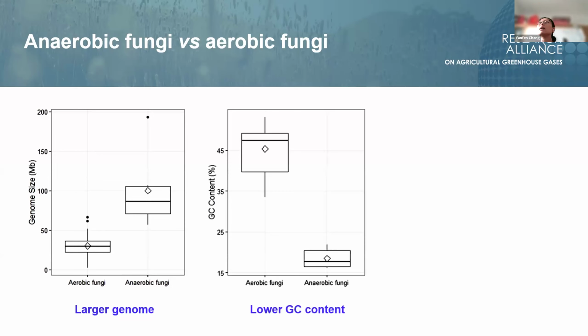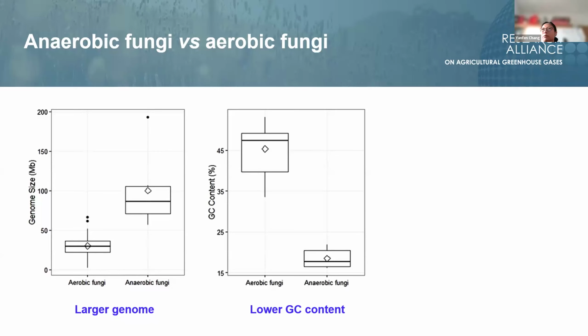The second one is the GC content. The normal GC content is around 50%, and for aerobic fungi, the GC content is around 50. However, for anaerobic fungi, the average GC content of the genome is about 16 to 17. What does it mean?